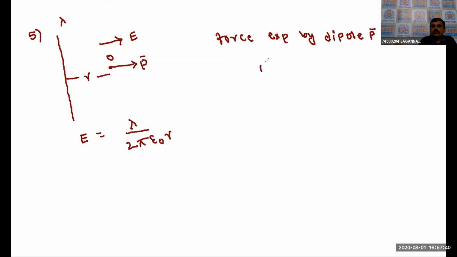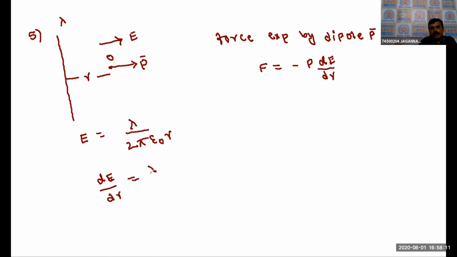Force F equals minus P into dE by dr. We got the electric field already. Now differentiate this electric field with respect to r, that is dE by dr. Then how much do you get here?